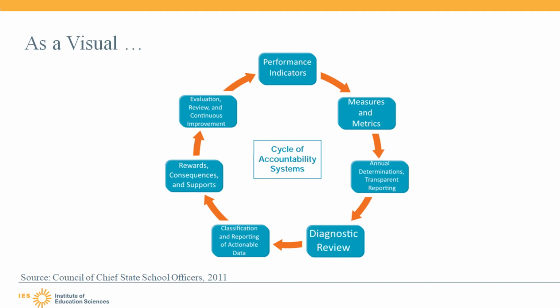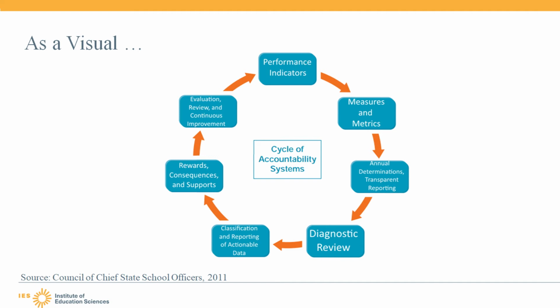And then moving around clockwise, with those measures and metrics, the system makes annual determinations and has transparent reporting so that there can be a data conversation, and that takes the form of a diagnostic review. We're down near 5, 6 o'clock, and then continuing. Following the diagnostic review, we can talk about where different schools fall out and how they might be classified, and talk about actions that would come from the results.